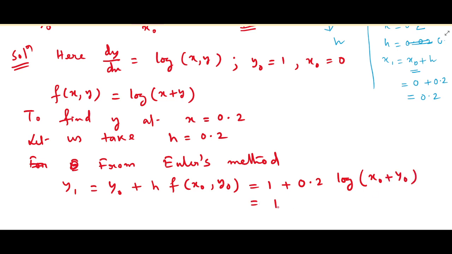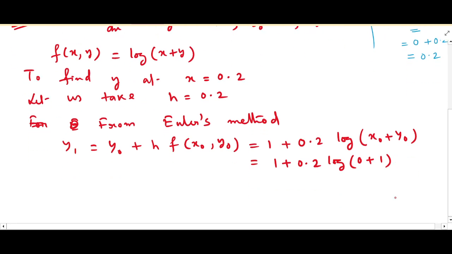So this equals 1 plus 0.2 times log of 0 plus 1. What is log 1? You all know that log 1 is 0. So the final value is 1. So we are finding y1 from Euler's method. Now we'll come to the Euler's modification value. Let us come to the modified part.